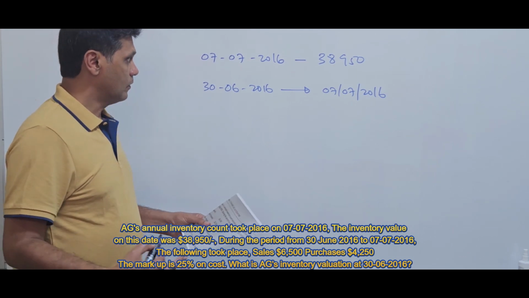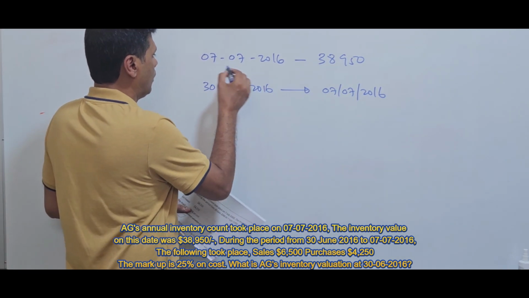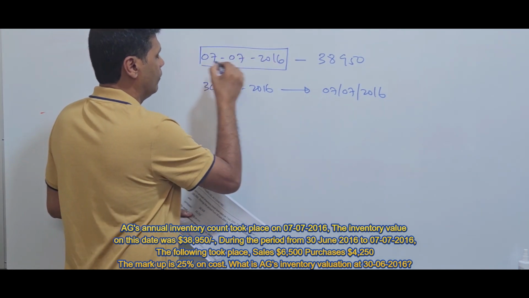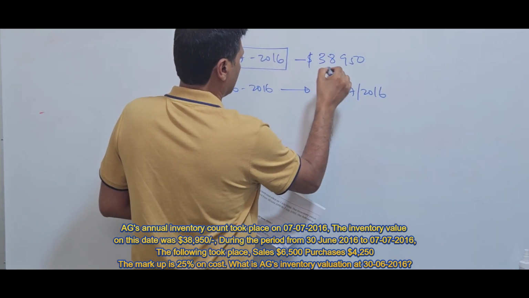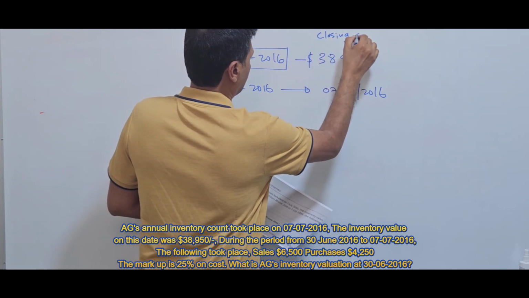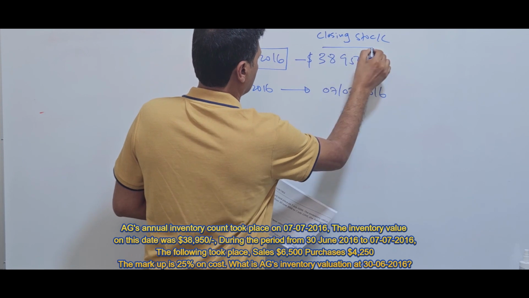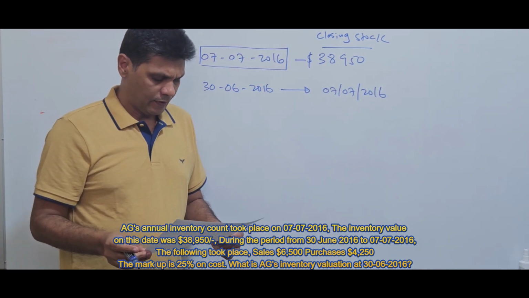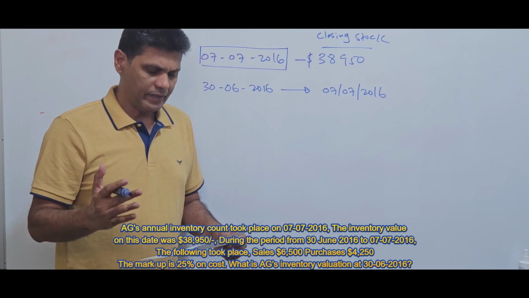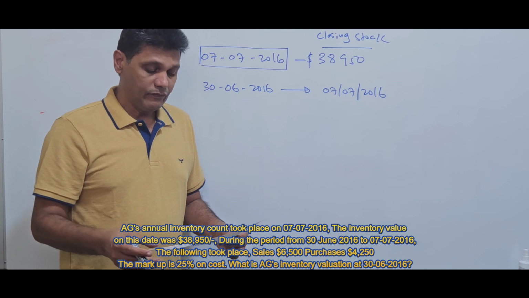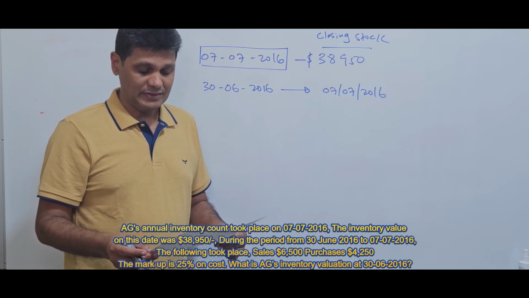So basically this stock valuation was done on this particular date. So therefore this inventory value will be the closing inventory value, stock. So you are given sales and purchases, and also the markup is given as 25% on cost. So what is the AG's inventory valuation on 30th June 2016?